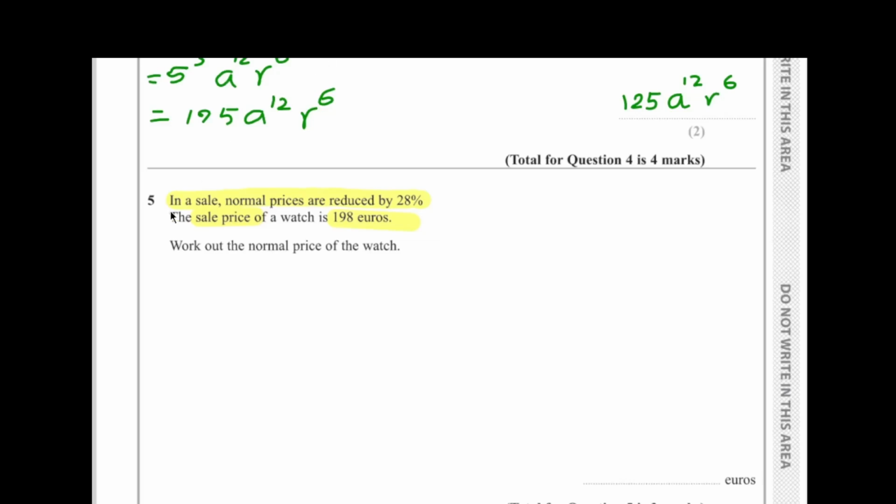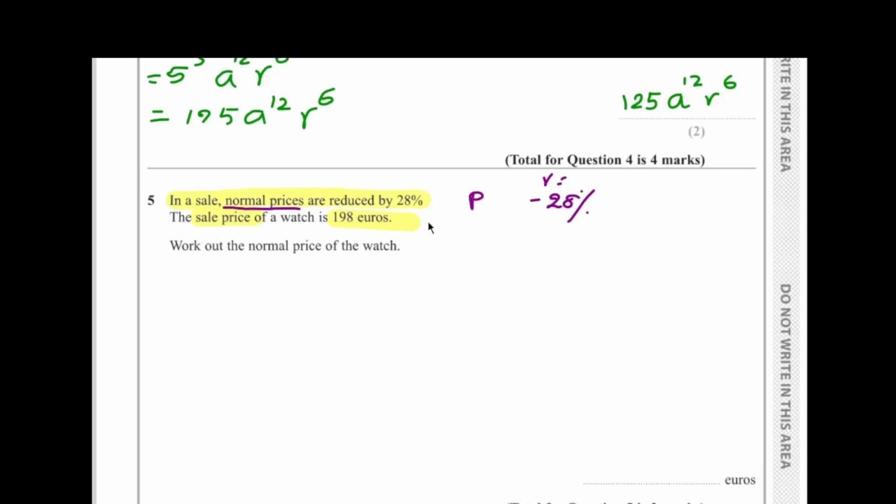How do we figure out what the formula is? In a sale, normal prices means original price, which means the principal value P, are reduced by 28%. So R equals minus 28%.